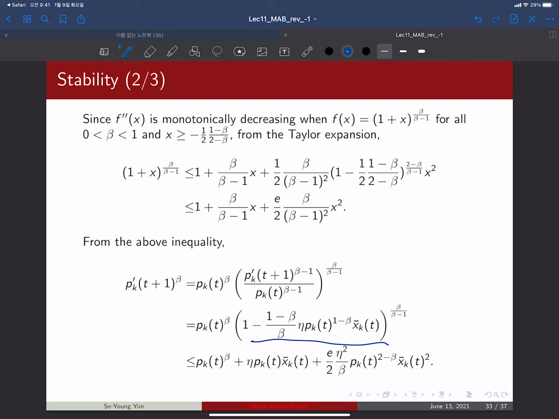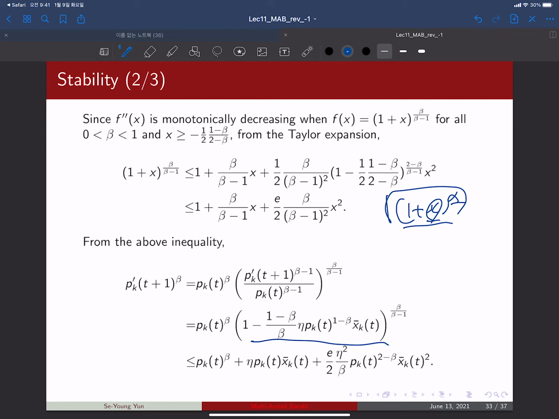In this part, before, we used the Taylor expansion of 1 plus x to the alpha. When alpha is negative and x is positive, using the Taylor expansion we can well upper bound this value. But here, because we have a negative x value, it cannot be well upper bounded by a simple Taylor expansion, especially when x is close to minus 1.